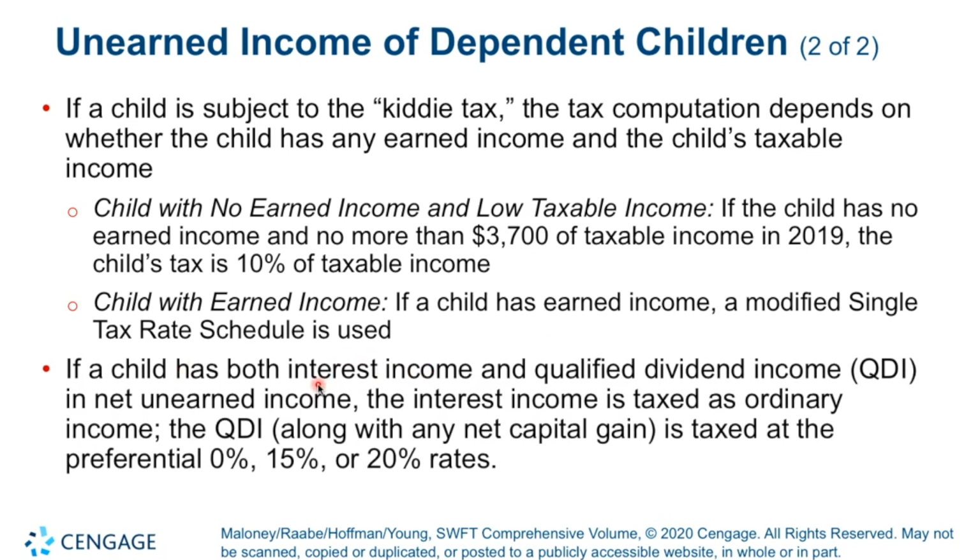If a child has both interest income and qualified dividend income, QDI, in net unearned income, which is usually what it's made up of, then the interest income is taxed at ordinary income rates, and the qualified dividends, along with net capital gains, have the preferential tax rates called 0%, 15%, and 20%. So we'll learn more about these.